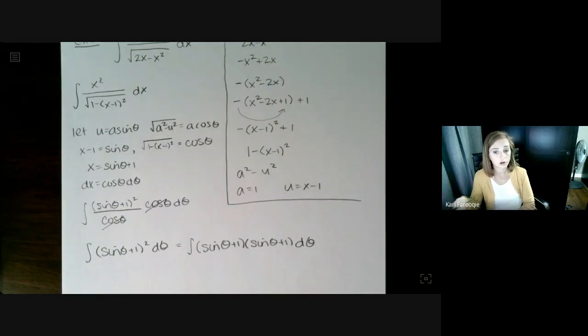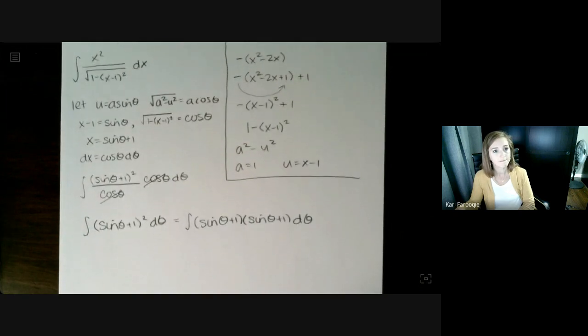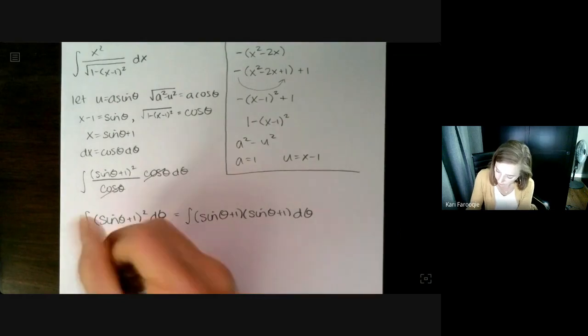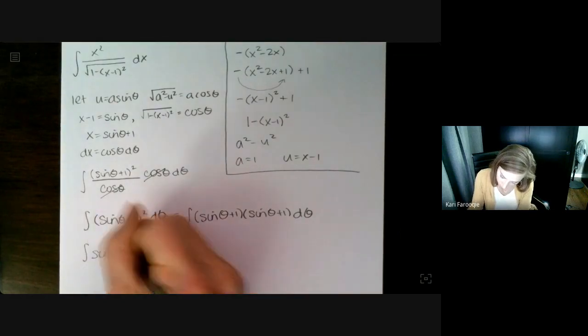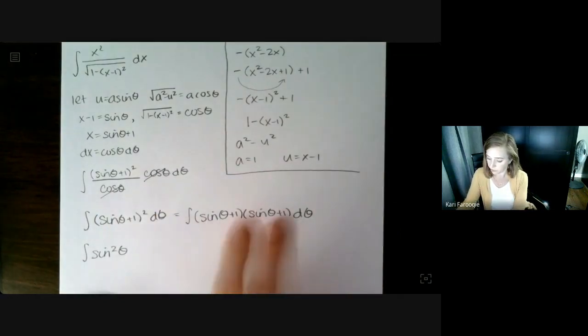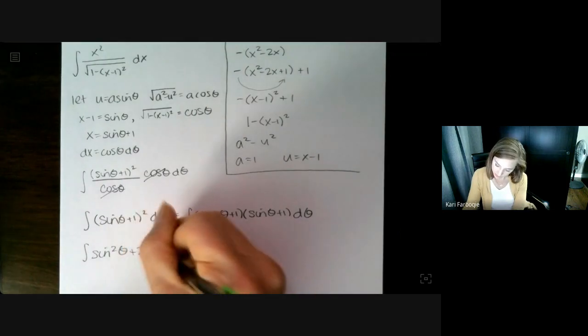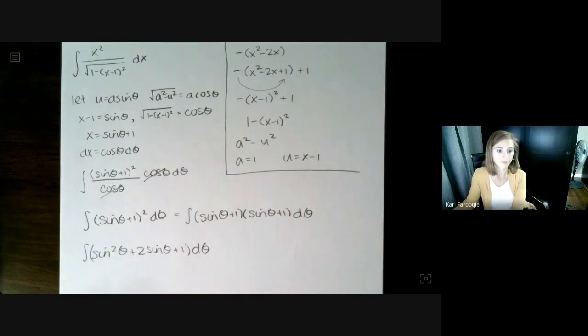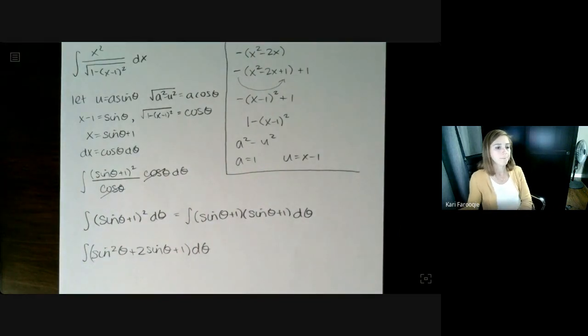When you square it, you're actually going to FOIL out that quantity. And now we'll rewrite the integrand as sine squared theta, plus 2 sine theta, plus 1, d theta.